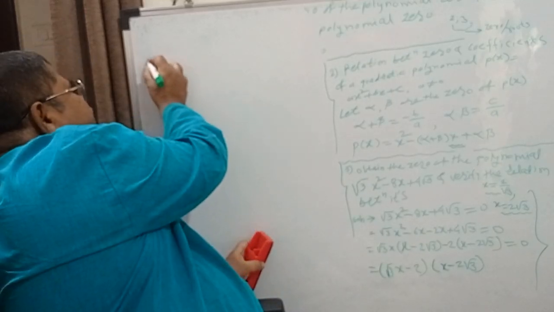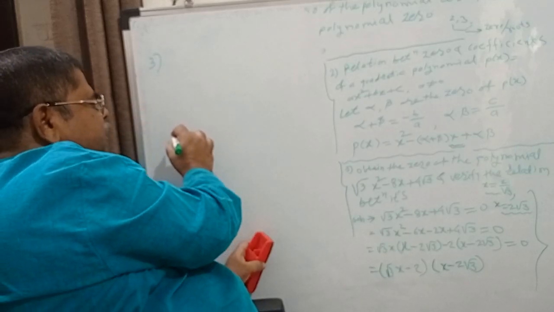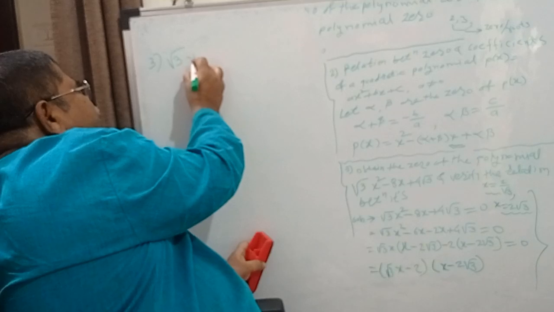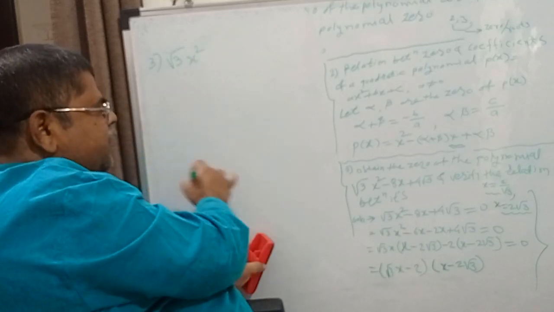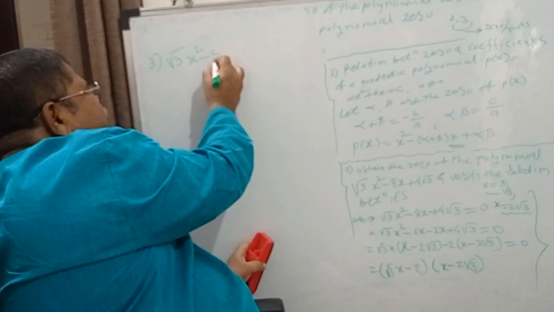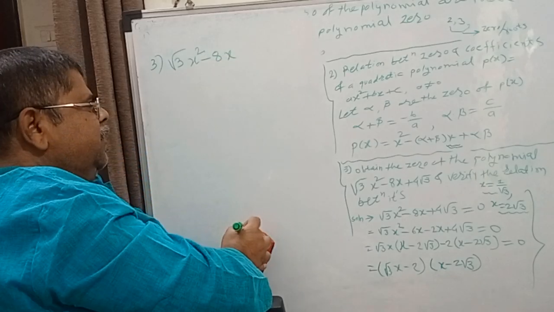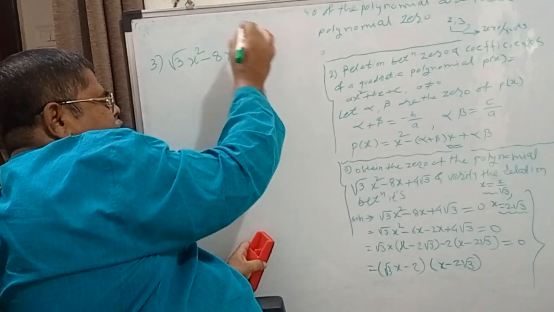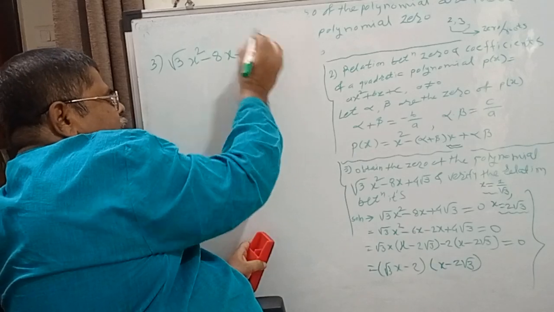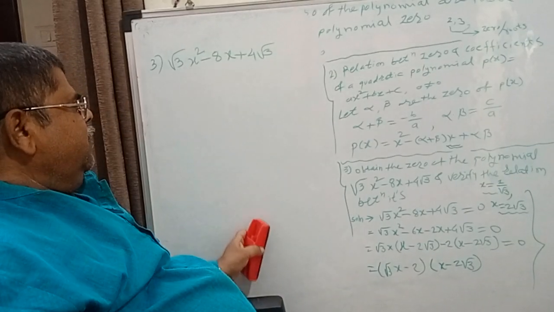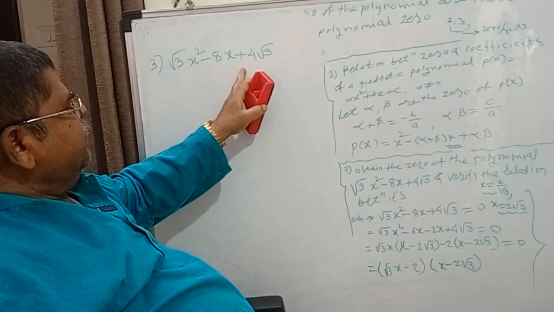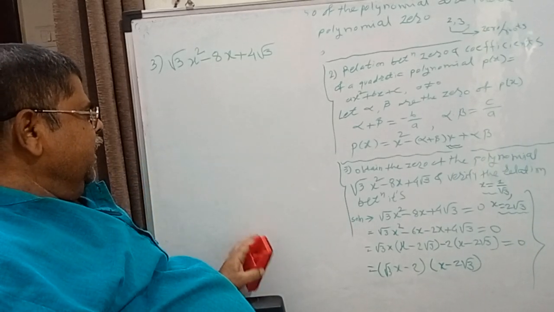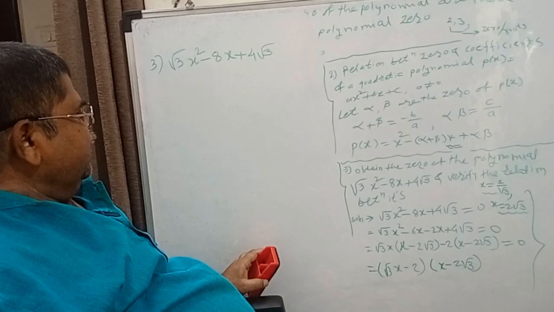This is the third equation. Which equation? Root 3 x square, coefficient of x minus 8x, plus 4 root 3, and we have to verify the relation between the zeros and coefficients.